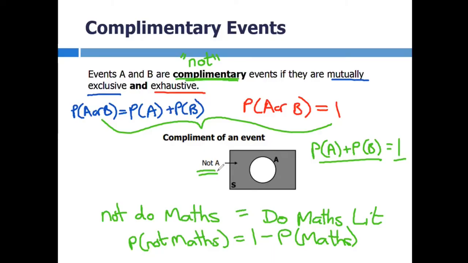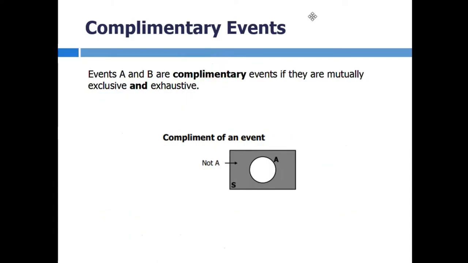The A or B will also add up to 1. Okay. So complementary needs both things. It needs exhaustive and mutually exclusive. Okay, the mutually exclusive is that blue formula. The exhaustive is the red formula. Putting them together makes them complementary. Okay, so I hope that's all good, clearing that up.